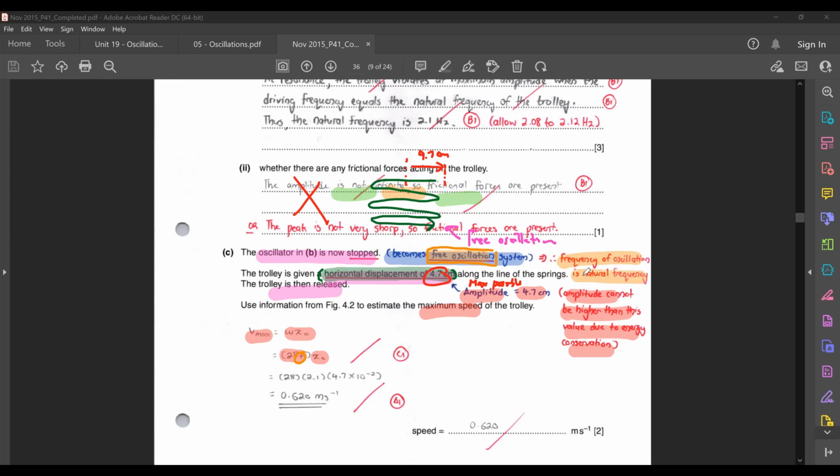Its frequency of oscillation is the natural frequency itself, which you already found at the top here, 2.1 hertz. So if you use 2 pi f, it will be 2 pi times 2.1. And then your amplitude, you use the maximum possible amplitude value, it will just be 4.7 centimeter. Remember to change it to meter, you're going to get 0.620 meter per second.